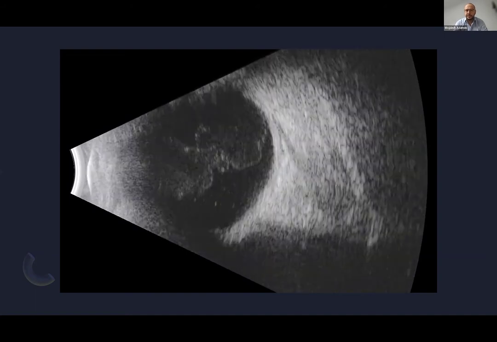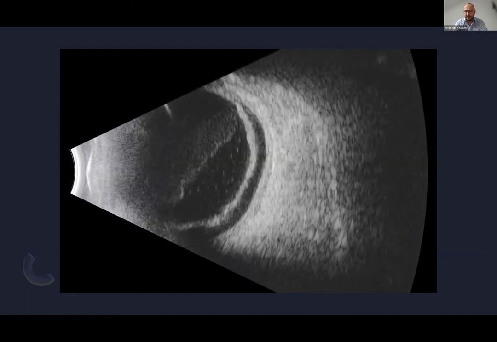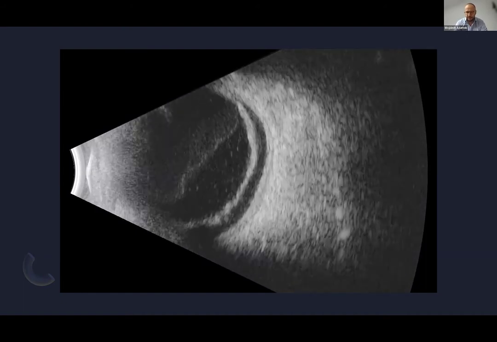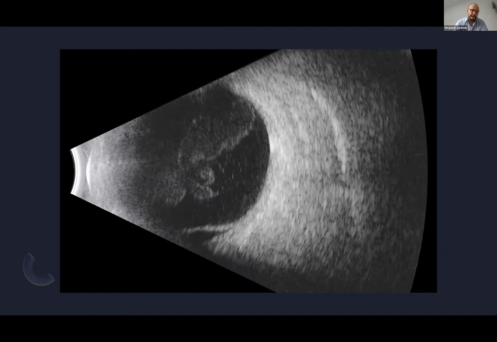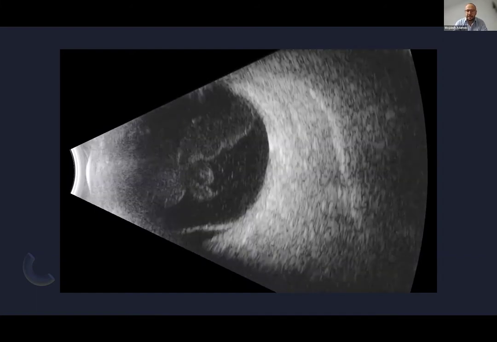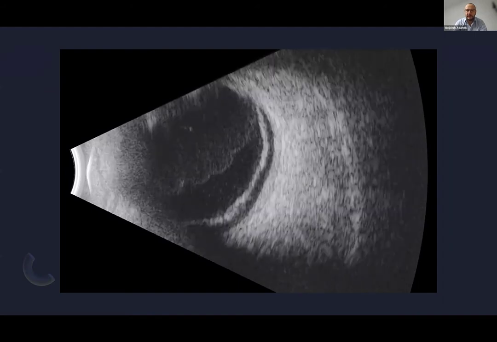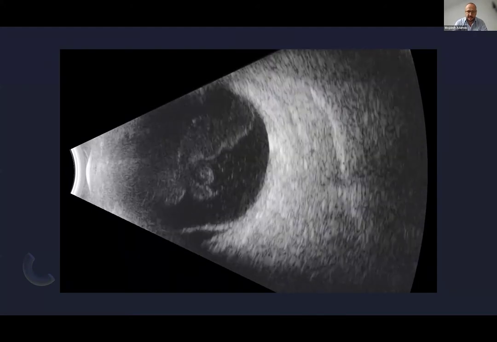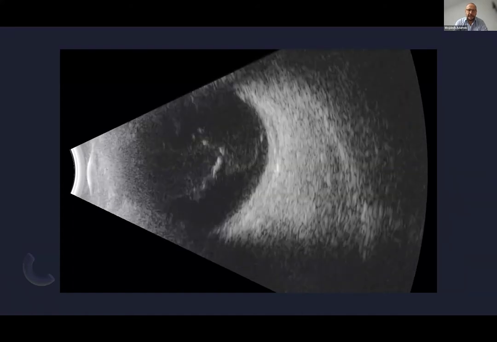Even if we're diagnosing some other problems, we often see the vitreous in one form or another. So while doing ultrasound, we either directly or indirectly examine the vitreous.